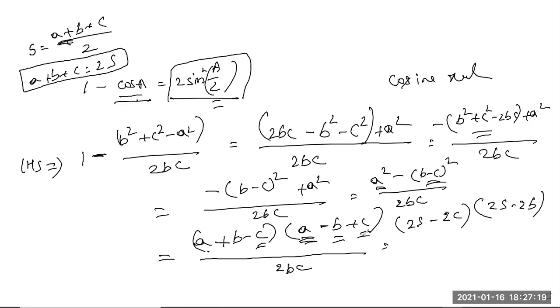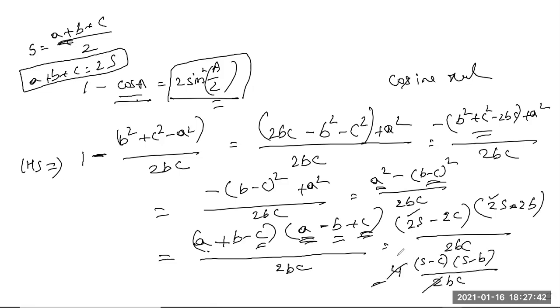Here there is a plus c, so a plus c can be written as 2s minus b, and there is another minus b, so it will become 2s minus 2b divided by 2bc. So I will take 2 common, so it will become 4 into s minus c into s minus b divided by 2bc.